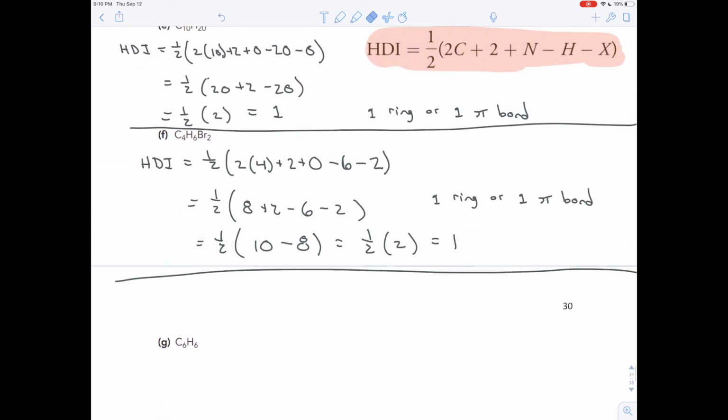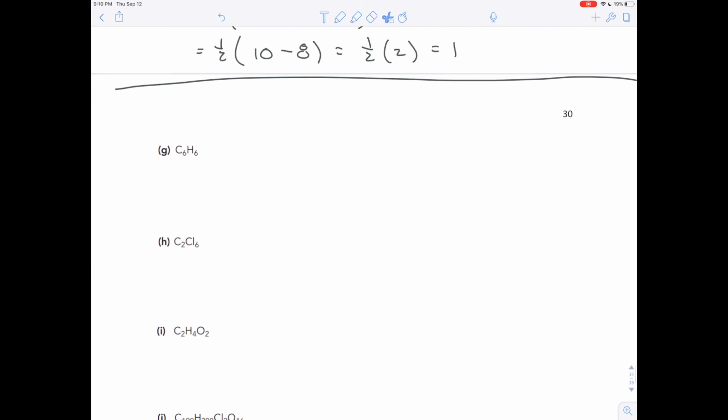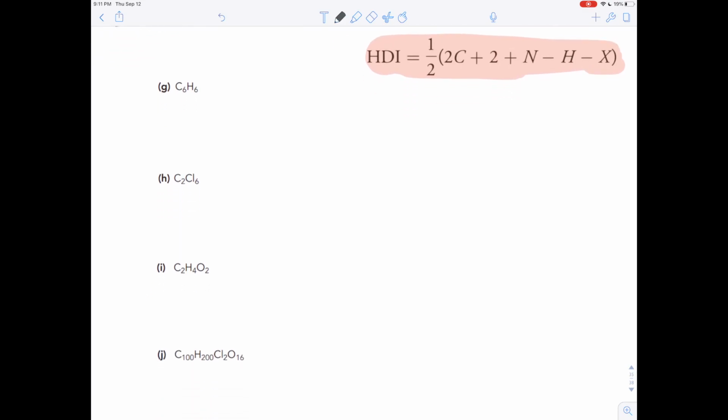Okay, so we'll take this formula, we'll just bring it down for reference. So we'll apply it to these. So this first one, G, the degrees of unsaturation in that is going to equal 1/2 times 2 times the number of carbons, so that's 6, plus 2, plus the number of nitrogens, 0, minus the number of hydrogens, 6, minus the number of halogens, fluorine, chlorine, bromine, or iodine.